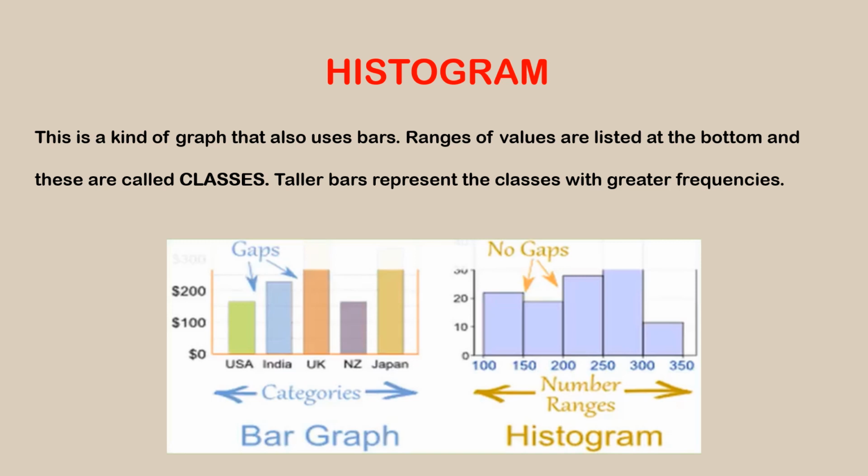Taller bars represent the classes with greater frequencies. In the given example of the histogram, we can easily understand more people are from the frequencies between 250 and 300. A bar graph represents the difference between categorical data, whereas a histogram represents the frequency of a given class.